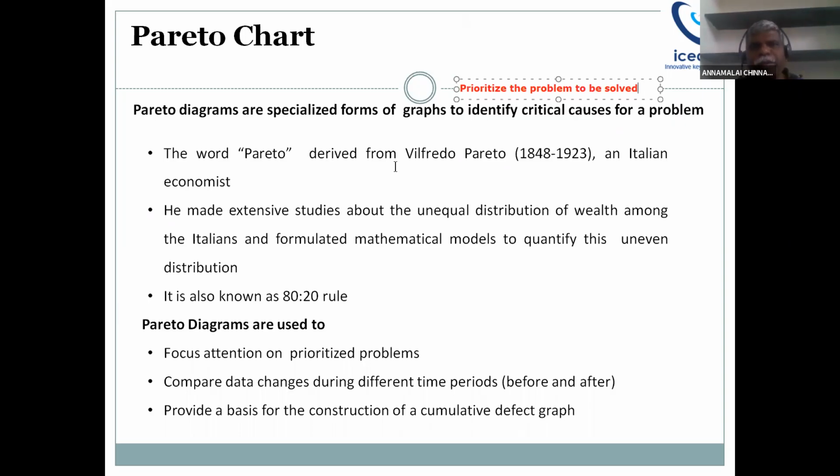This Pareto word is derived from Vilfredo Pareto. He was an Italian economist. He was doing research on how the wealth of Italy was distributed among Italians.